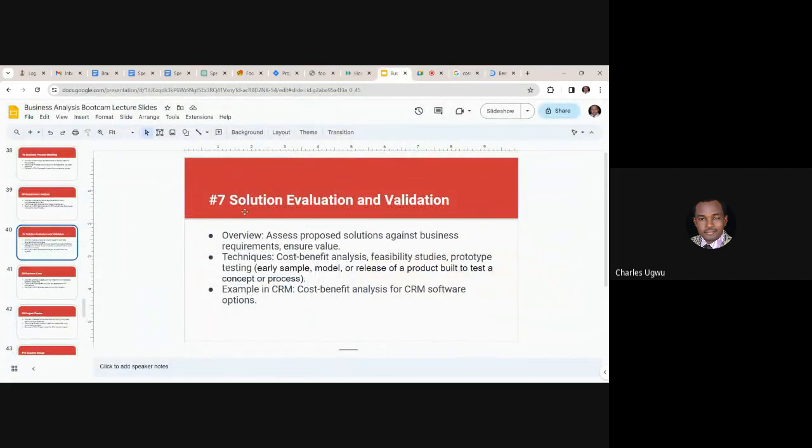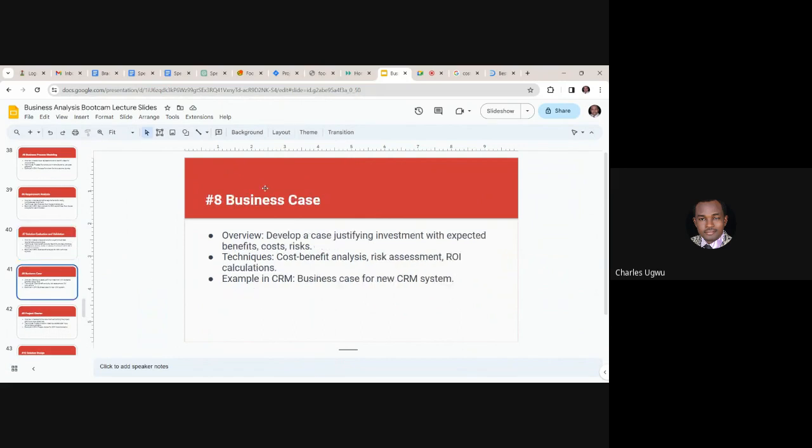When you have carried out a cost-benefit analysis in this solution evaluation, then you need to draft what we call a business case. It's another stage. You need to develop a case justifying the investment with expected benefit, cost, and risk.